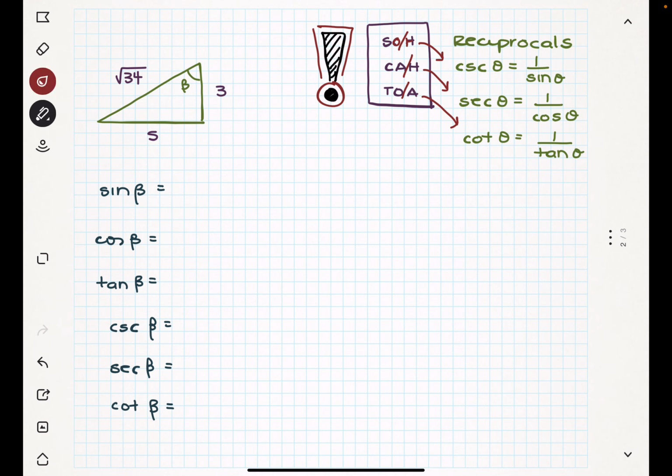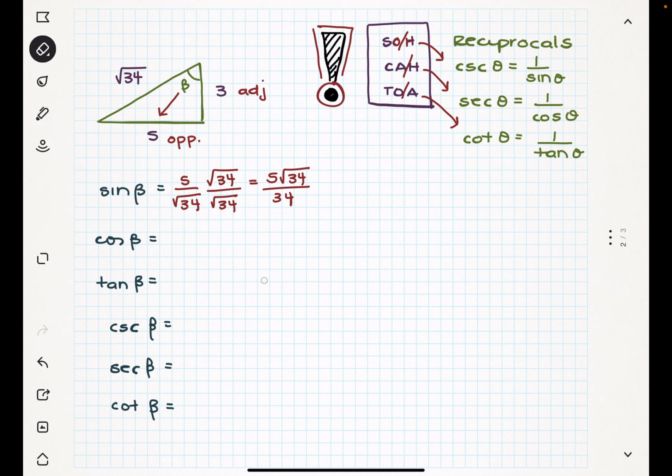Okay, so sine, what do we have? We have opposite. In this case, my opposite changes, right? Because I'm talking about a different angle. The adjacent is going to be 3, and the opposite is going to be 5. So in this case, I have 5 over the square root of 34. Whenever we have square roots in the bottom, we rationalize them. So square root of 34 over square root of 34 equals 5 square root of 34 over 34.